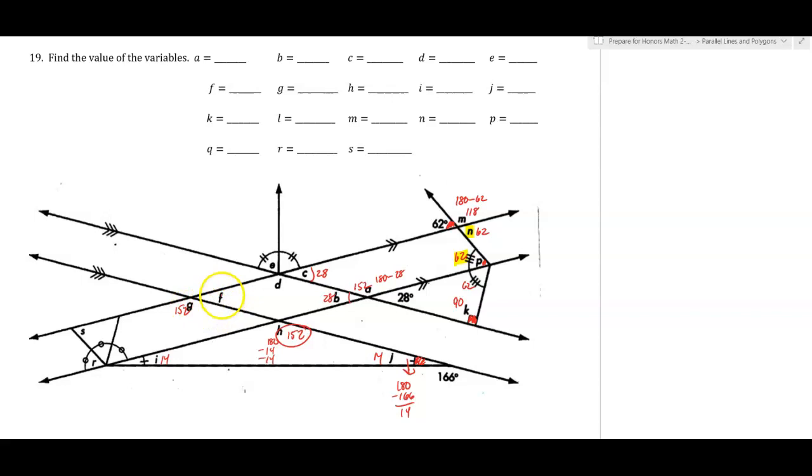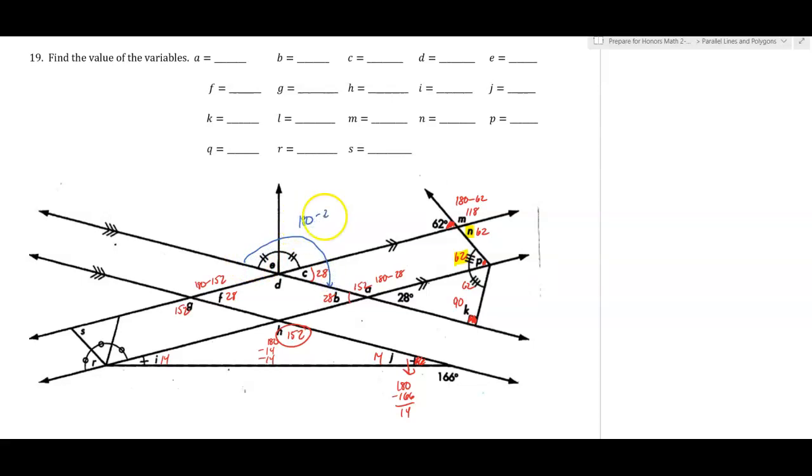F is supplementary to G, so I know 180 minus 152, that's going to be 28 degrees. So now to find E, what you have to notice, all three of these angles add up to 180.